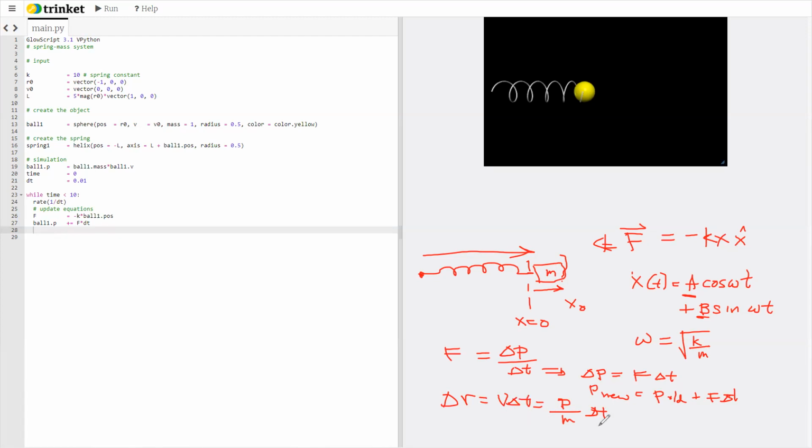So the update equation is R new is equal to R old plus P over M delta t.